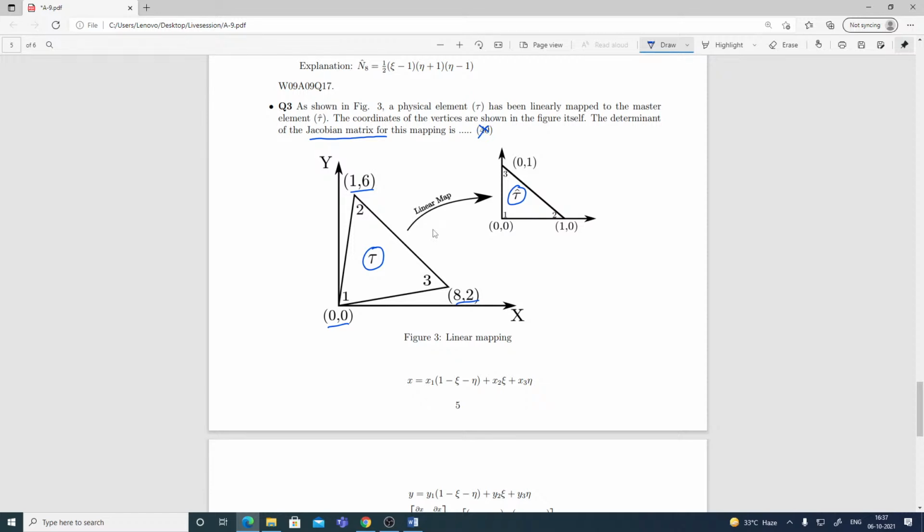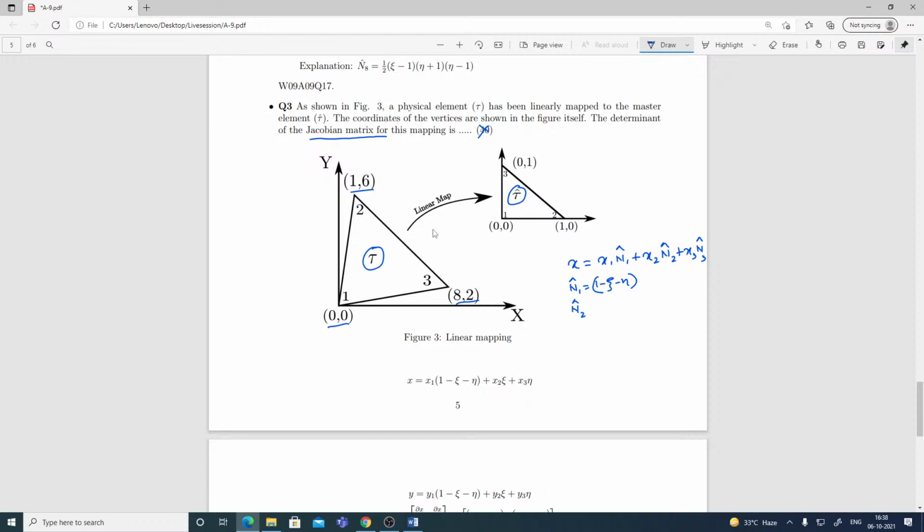If you remember, we said that x equals x1 N1 hat plus x2 N2 hat plus x3 N3 hat. And what is N1? N1 is 1 minus xi minus eta.